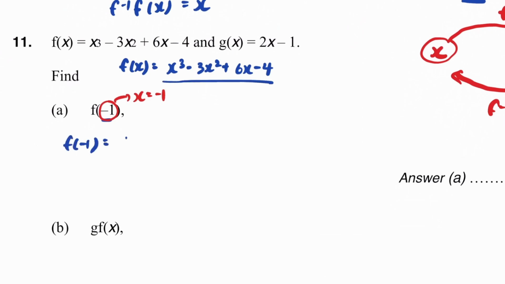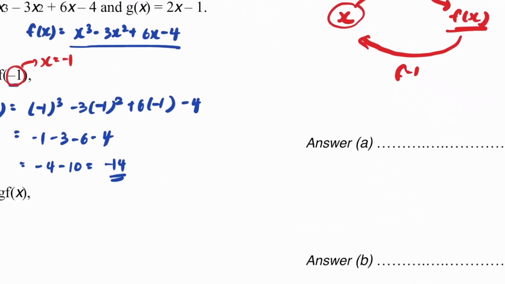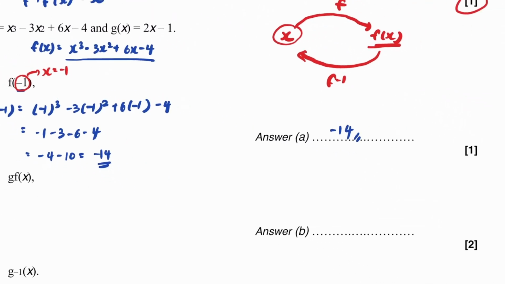So put in negative 1: negative 1, negative 3, negative 6, negative 4. Negative 4 minus 10 should be negative 14. Negative 14 should be your answer in order to get full marks.